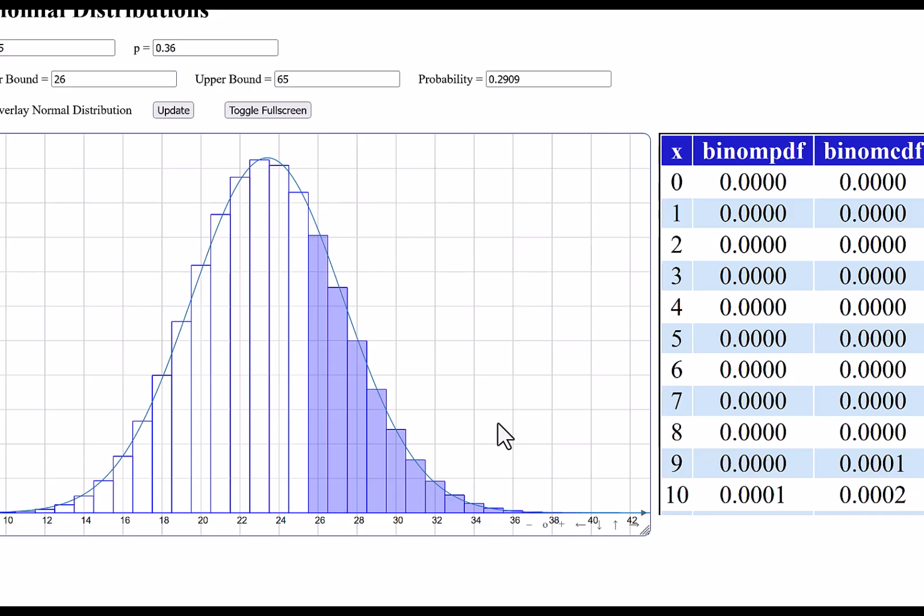Okay, here's the thing I want you to see. All right, so 24. Notice where the label of 24 is. It's right in the center of that bar.